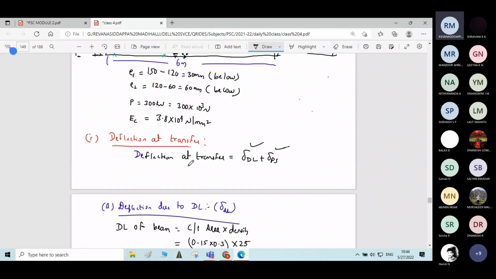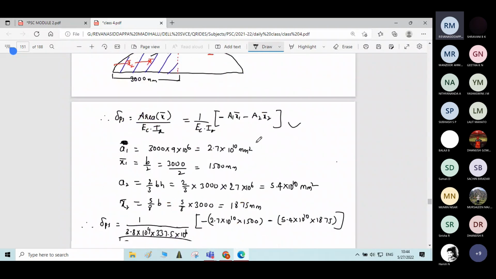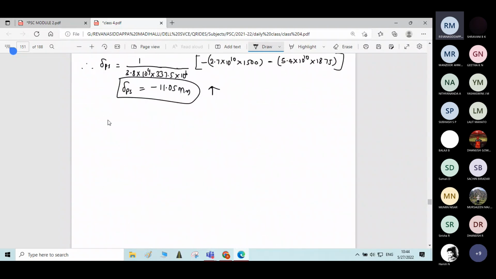Now it is asked to find the deflection at transfer, which is nothing but the deflection due to dead load and prestress. Therefore, below you write, therefore, maximum deflection at transfer condition, which is nothing but deflection due to dead load plus deflection due to prestress.